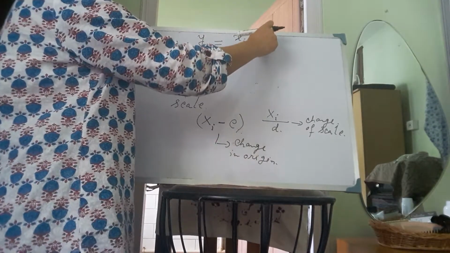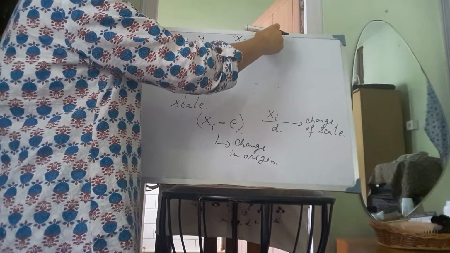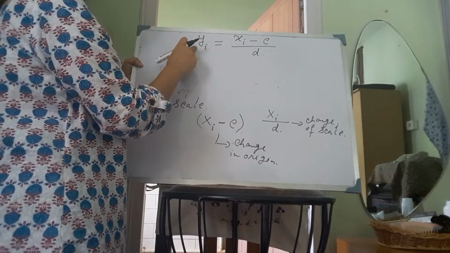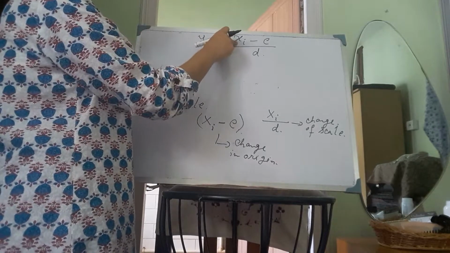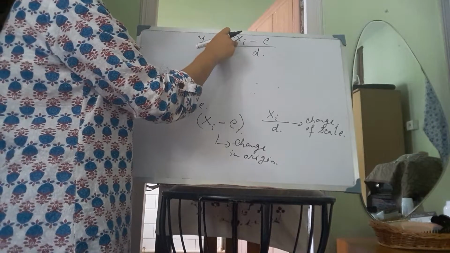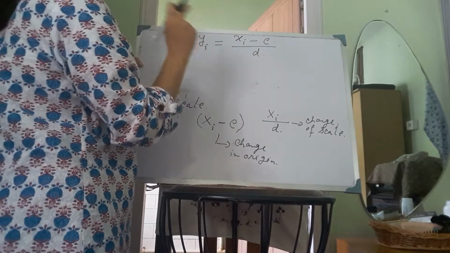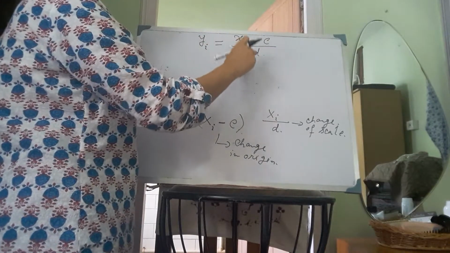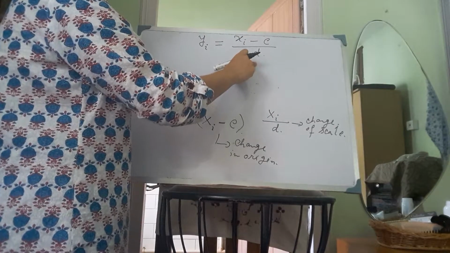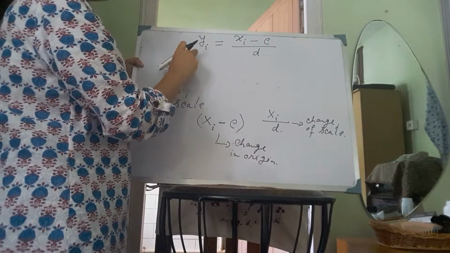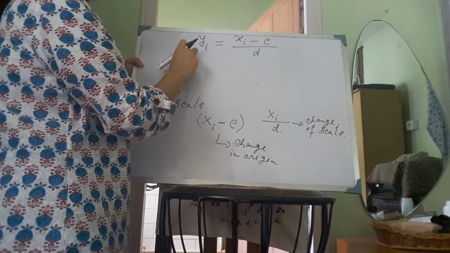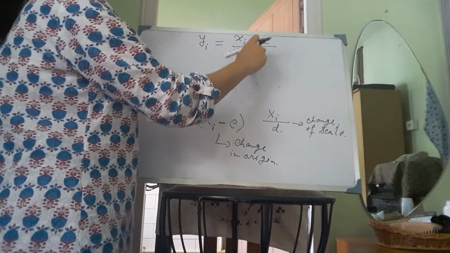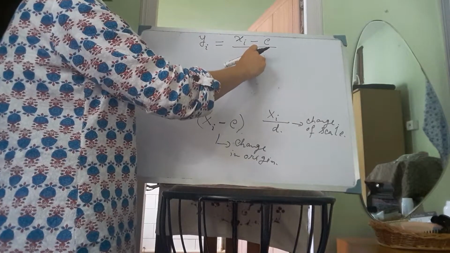So here we are considering both change of origin and change of scale. The transformed data is denoted by yi and the original data is xi. The property of standard deviation says that if we change the data by its origin and by its scale, then the standard deviation of the transformed data is independent of the change of origin, but it will be dependent on the change of scale.